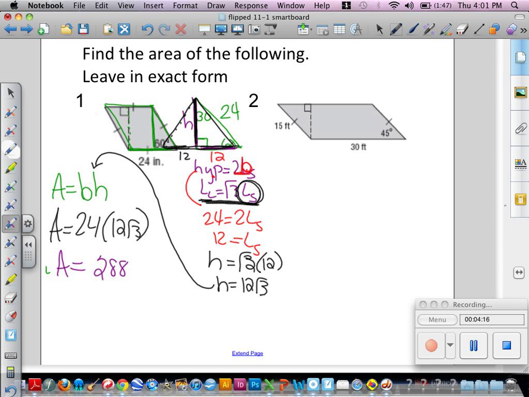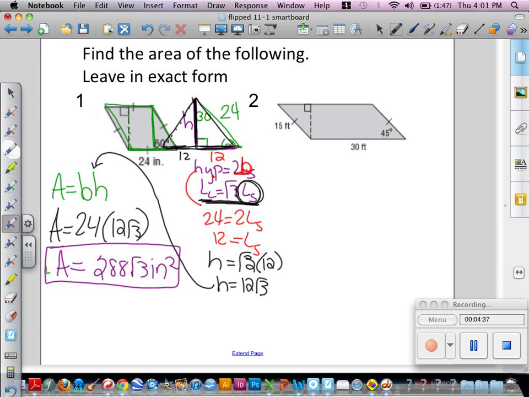And then my label, I need to have a label, inches squared. Not only are we working on our formulas for finding our area, but we're also reviewing our 30, 60, 90 triangle relationships. Let's take a look at example number 2.